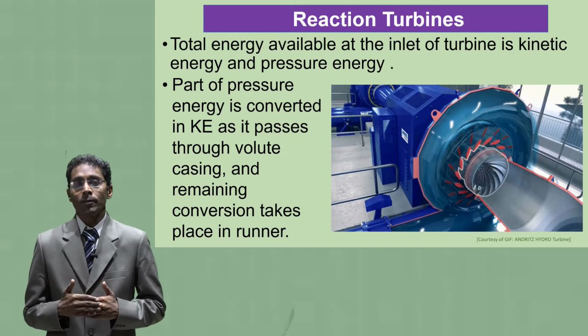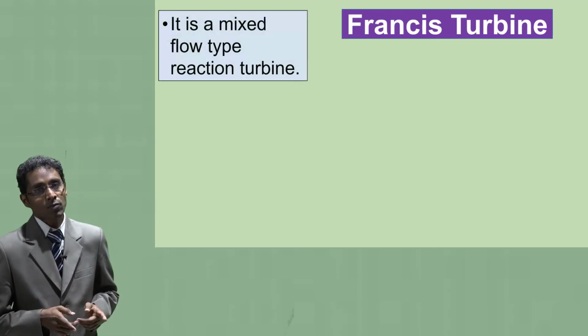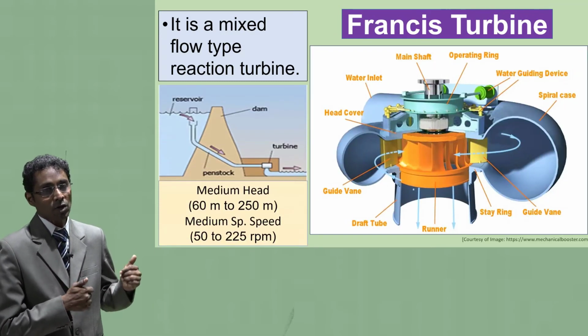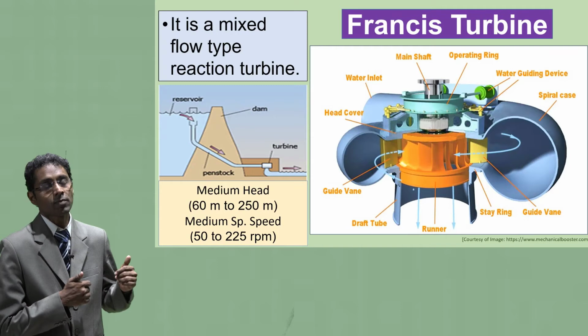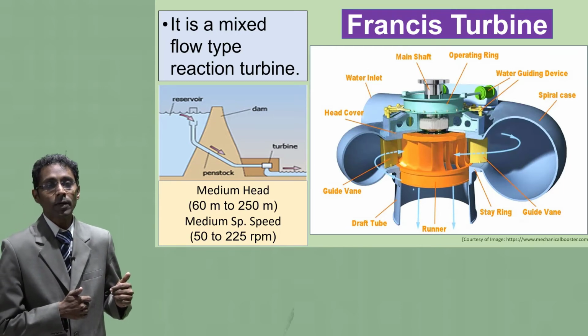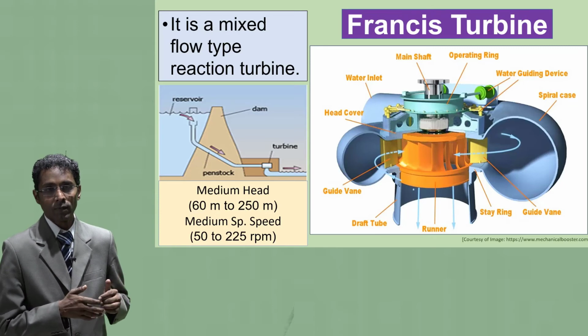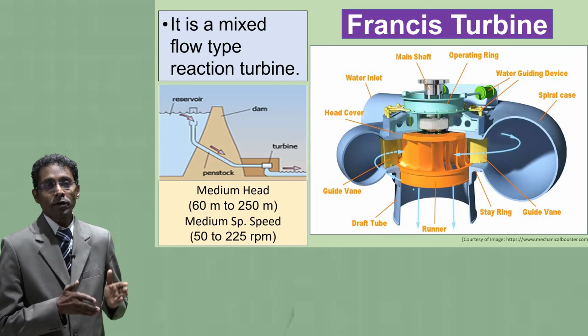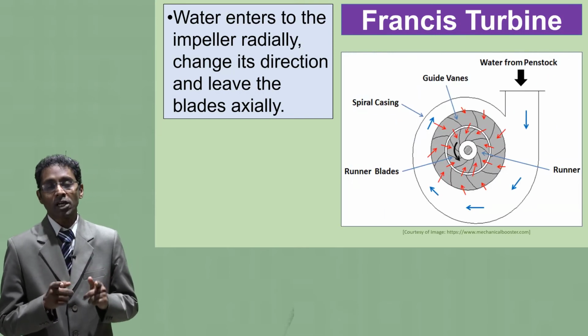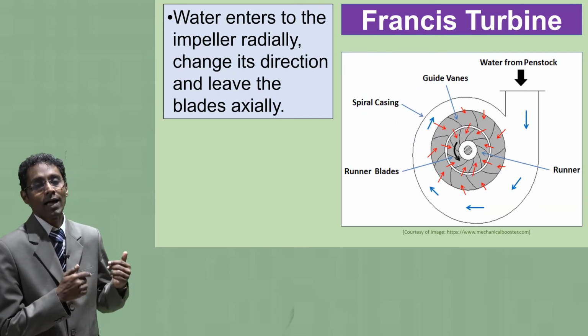An example of a reaction turbine is the Francis turbine. It is a mixed flow type reaction turbine. This turbine is suitable for medium head, that is up to 60 meter, and speed 50 to 250 rpm. In the Francis turbine, water enters the impeller radially, changes its direction and leaves the blade axially.